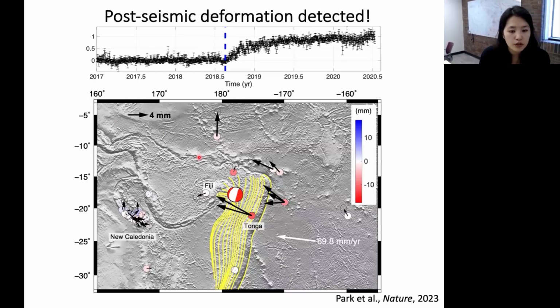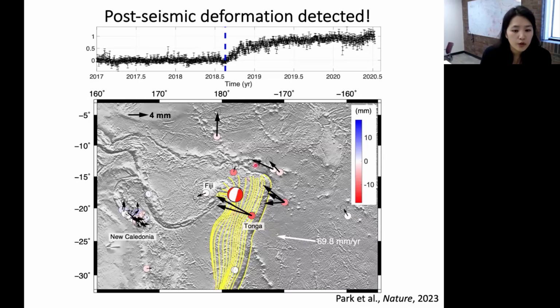So, for example, you see Tonga, there's Tonga Island here, and we actually see the largest subsidence there and also largest horizontal motion there. So we have the largest motion that's observed there, and the subsidence can be more than 2 centimeters. So it's actually quite significant motion there.